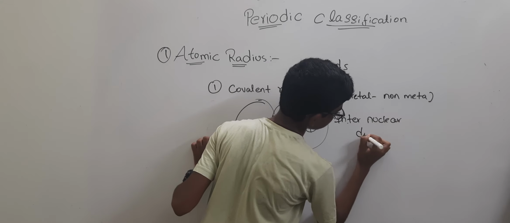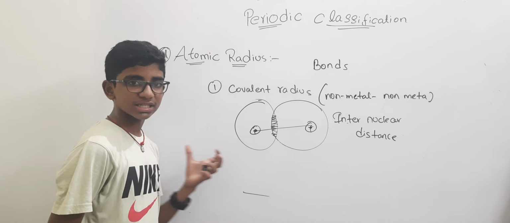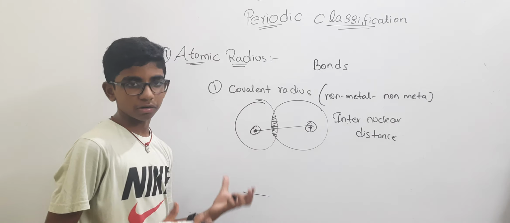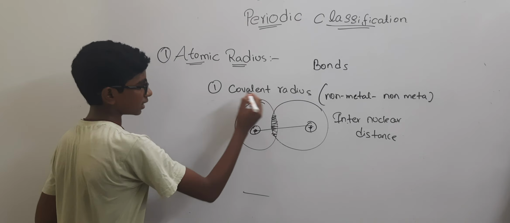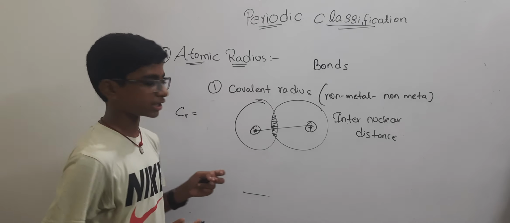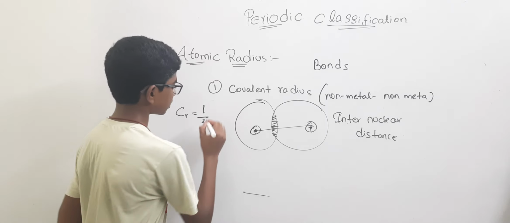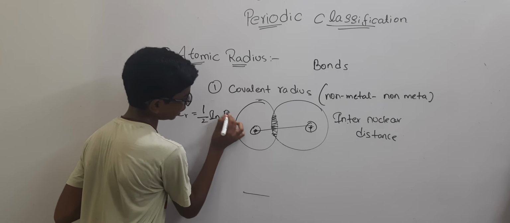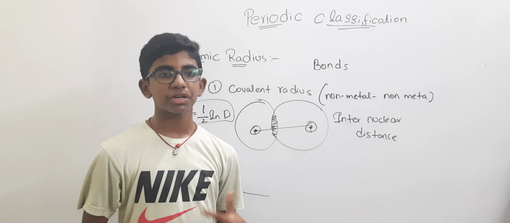The covalent radius is shortly written as CR. Covalent radius is equal to half of the internuclear distance, IND.